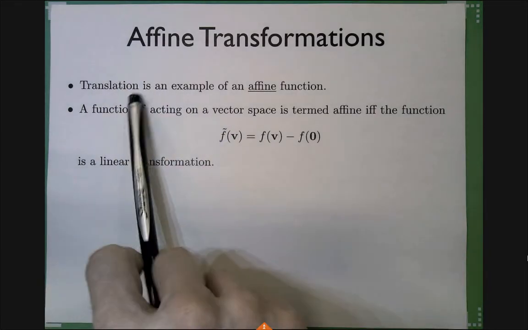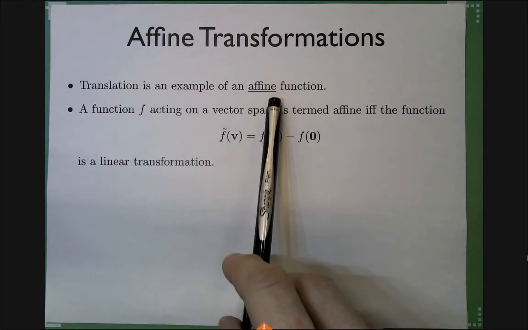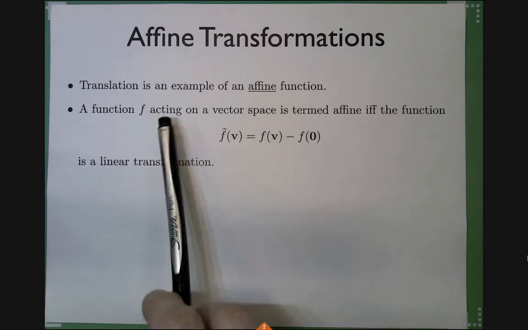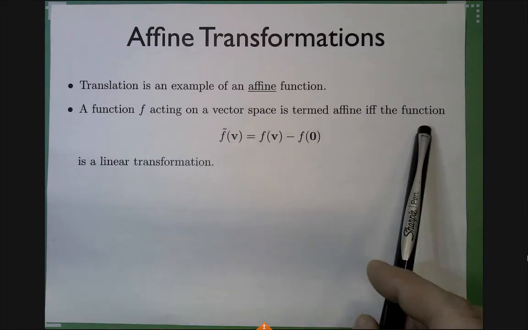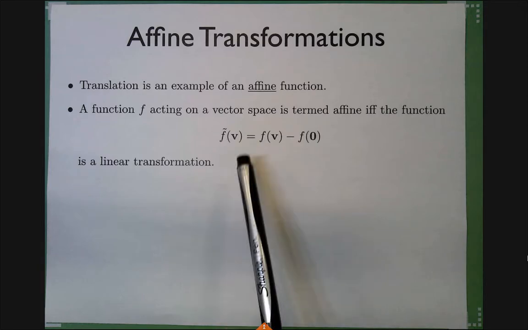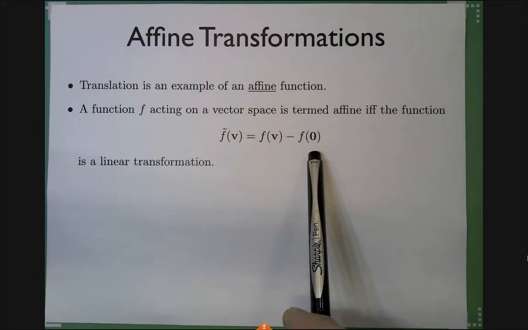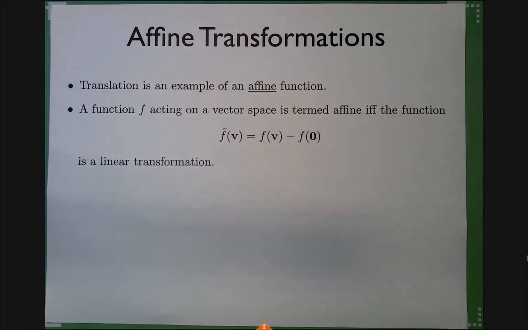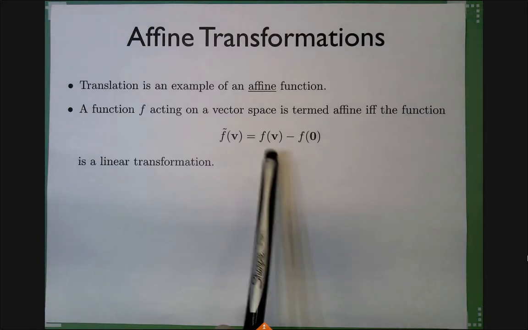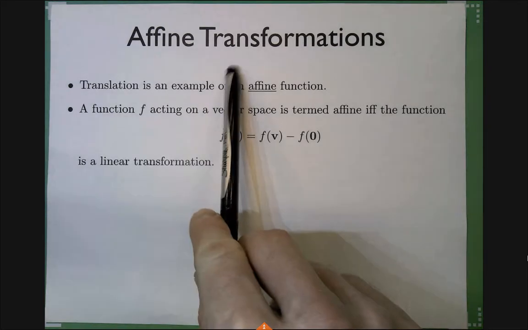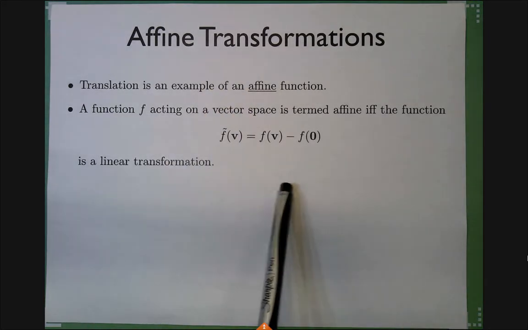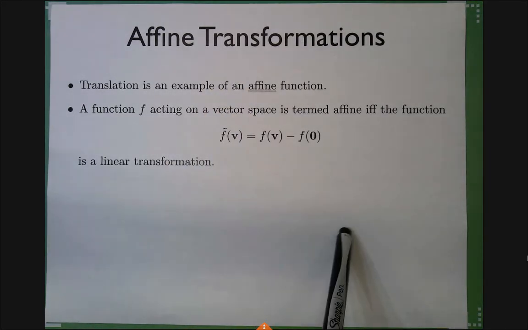So we say instead that translation is an affine function. And here is a formal definition of an affine function. An affine function is a function where, after I subtract the transformation of the 0, I get a linear function. This is basically a funny mathy way of saying that an affine transformation is translation by a constant vector t plus a linear transformation.